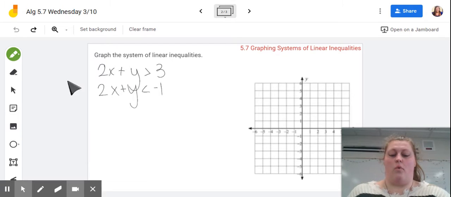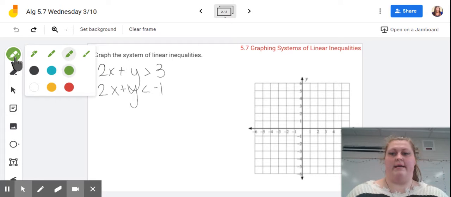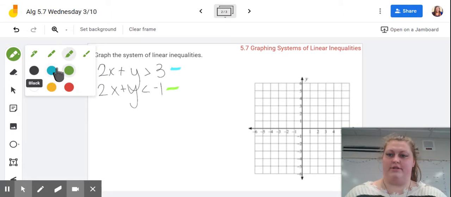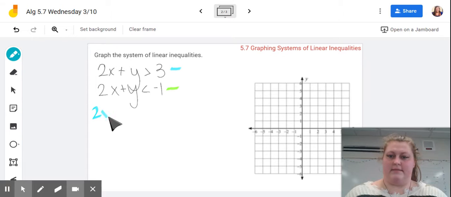Our first equation. I'm going to go ahead and make these both into y equals form because that's easier to graph. So my first equation, I have 2x plus y. I'm going to move my 2x first to the other side so that y is by itself.